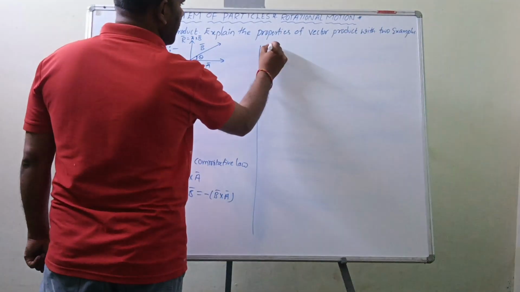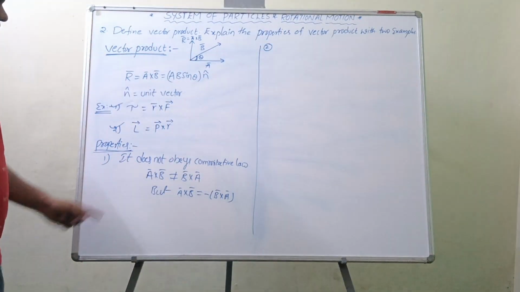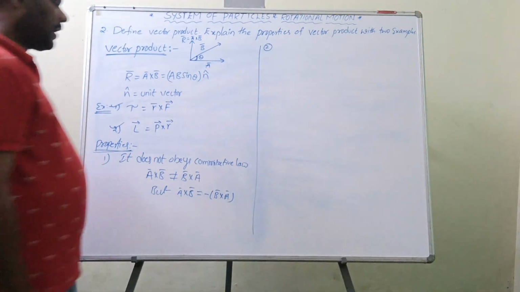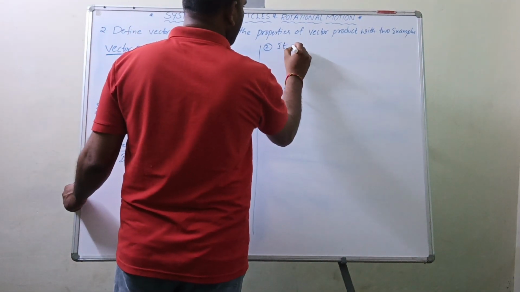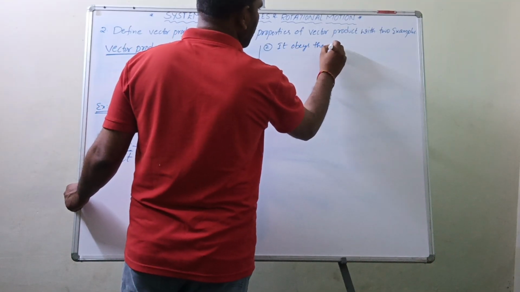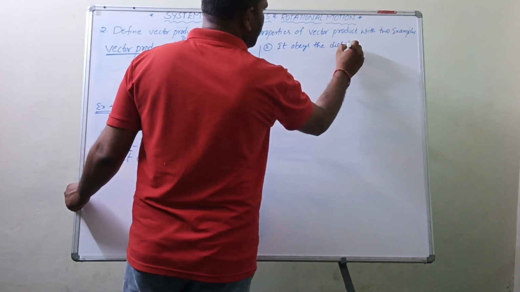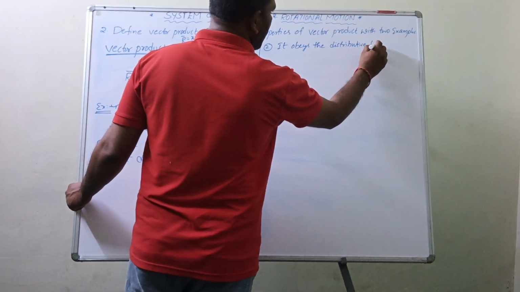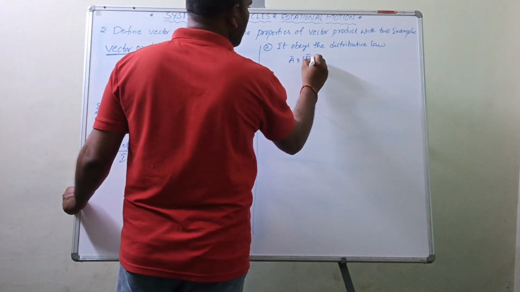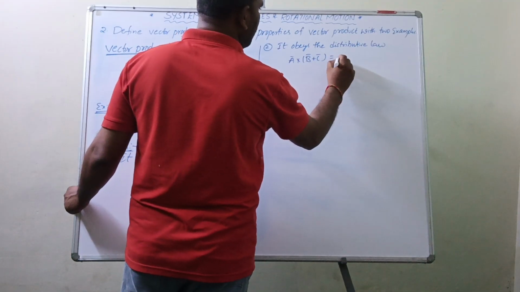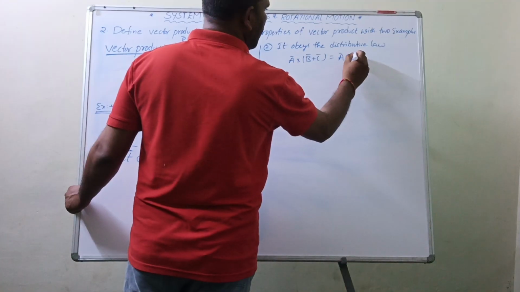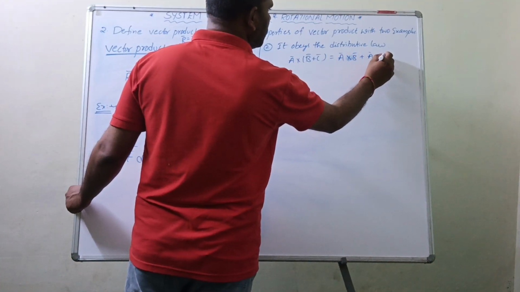And the second one. So what is the second property? It does not obey the commutative law, but it obeys the distributive law. Distributive law means a bar cross b bar plus c bar is equal to a bar cross b bar plus a bar cross c bar.